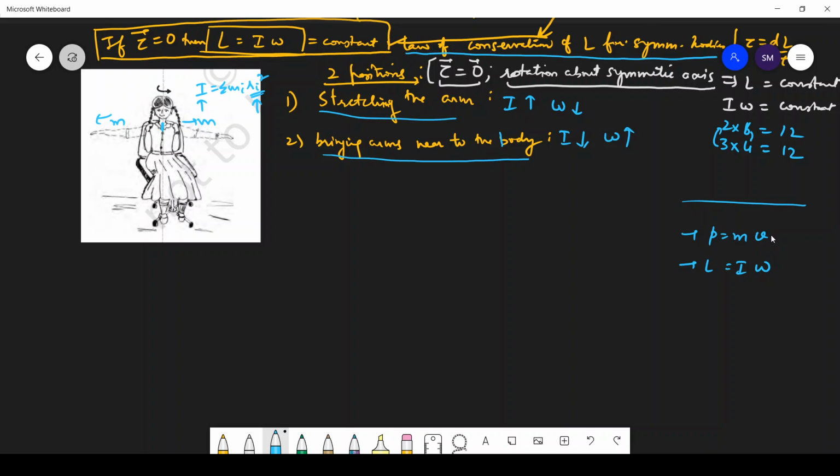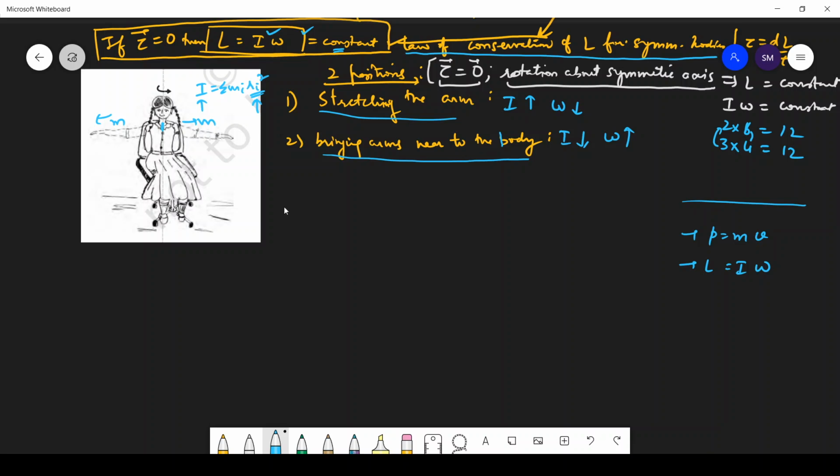So this is the formula that we have derived. But the condition for this formula is that the rotation is about the symmetric axis, and for this to be constant, torque is supposed to be constant.